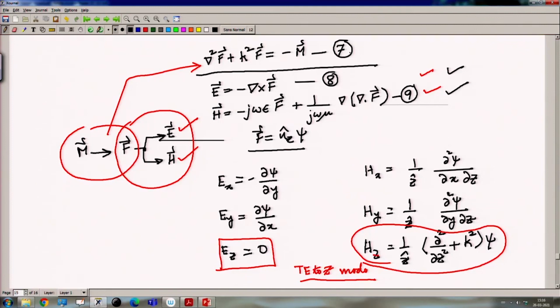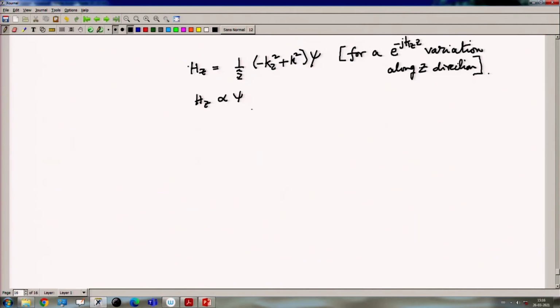So, psi will satisfy the source free wave equation, and therefore, because Hz is proportional to psi, Hz will also satisfy the source free wave equation, and we will have grad square Hz plus k square Hz as 0.